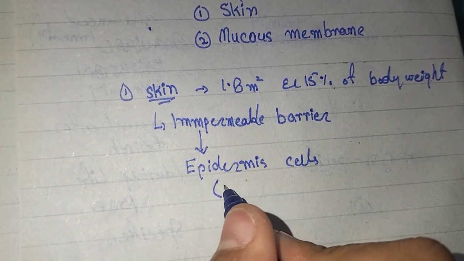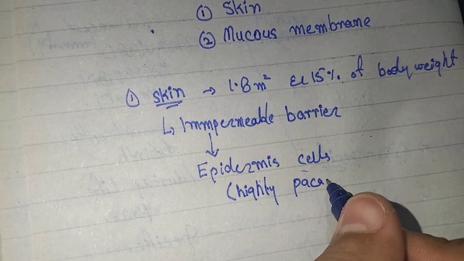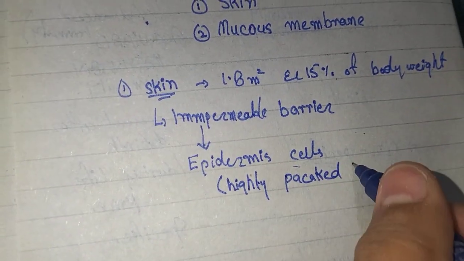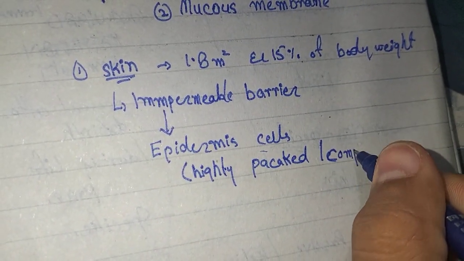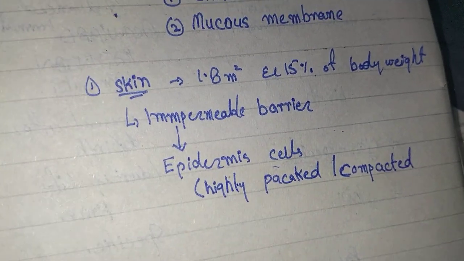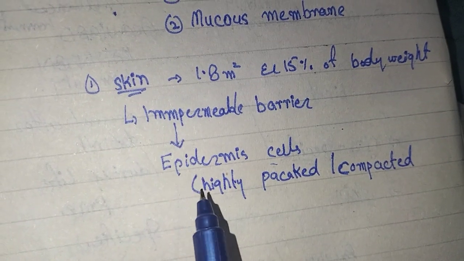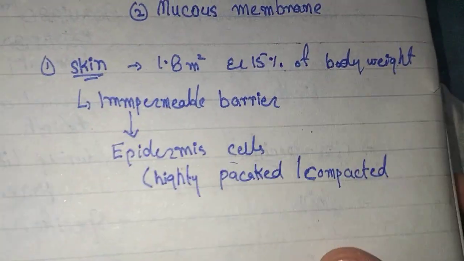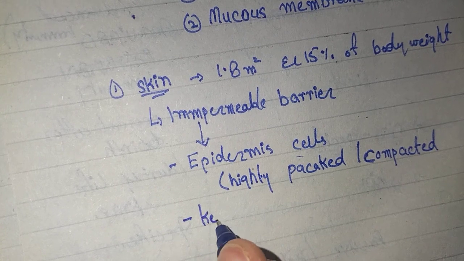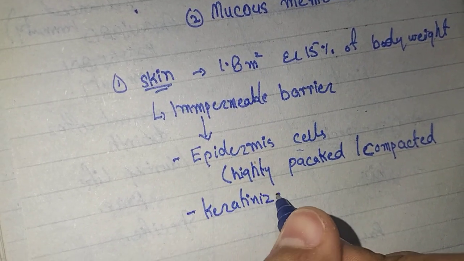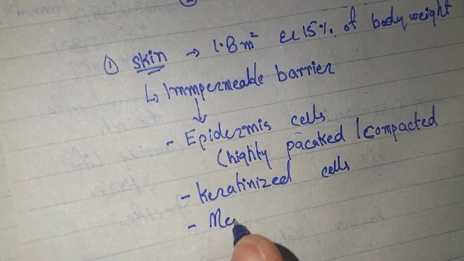Epidermis cells are highly packed, or compacted. The skin also contains keratinized cells and melanized cells.